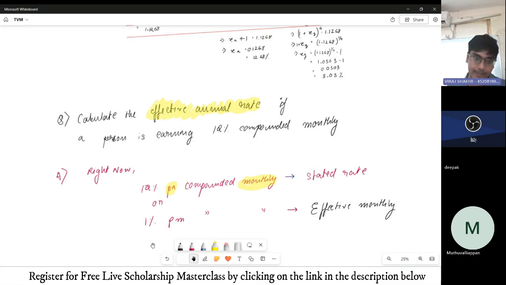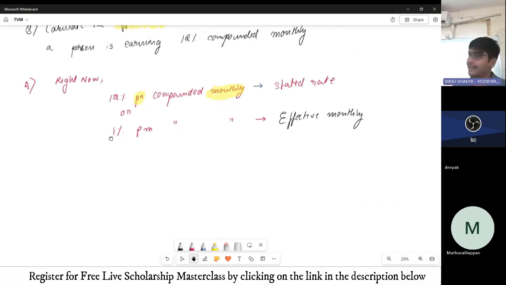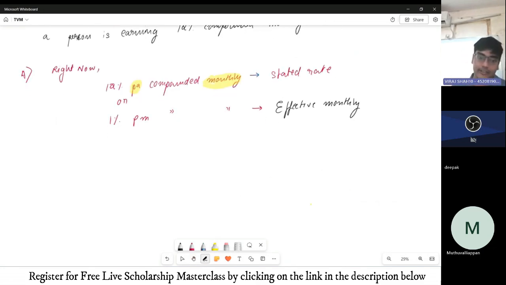हाँ, correct. वही होगा. You're correct. So what it is saying कि right now if I have invested 1 rupee for 1 year at 12%, मेरा FV क्या हो जाएगा? Future value will be 1 plus 1% to the power 12. 0 पे 1 रुपया डाला, 1 year पे मुझे कितना मिलेगा? इतना मिलेगा, right?